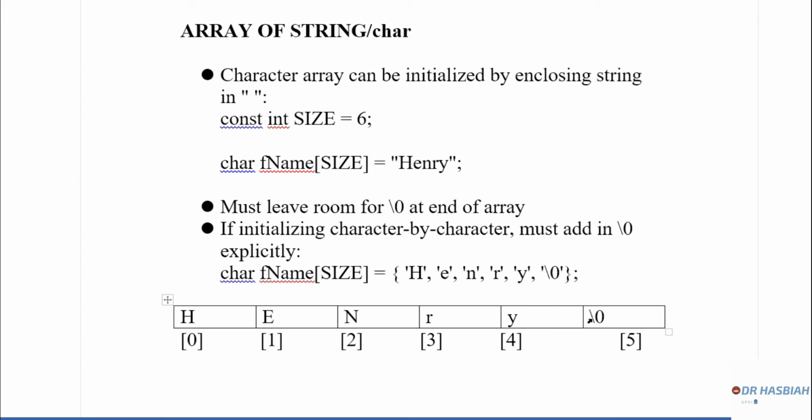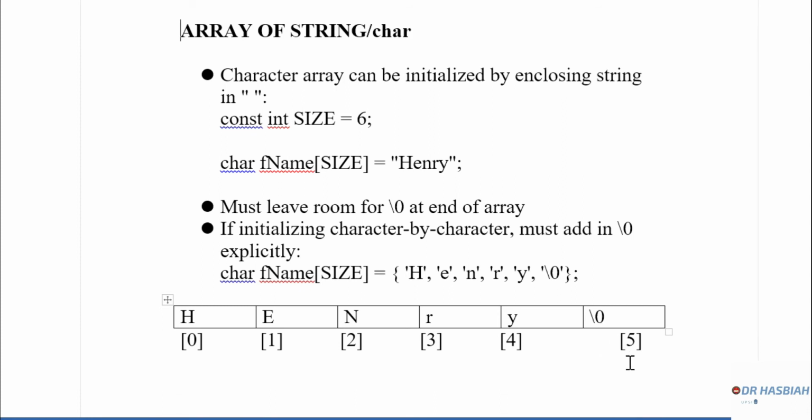So if you do the initialization, char fname[size], and you put the Henry here, the H will move to the first box, E N R Y, and then the last box here, we call it the null character.